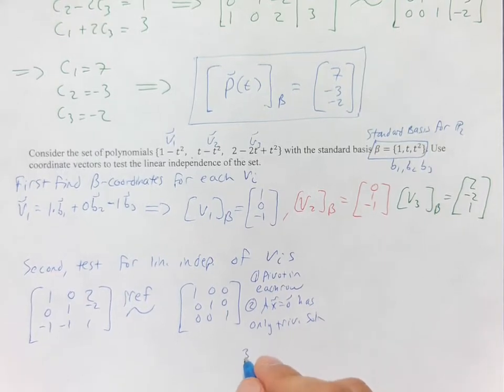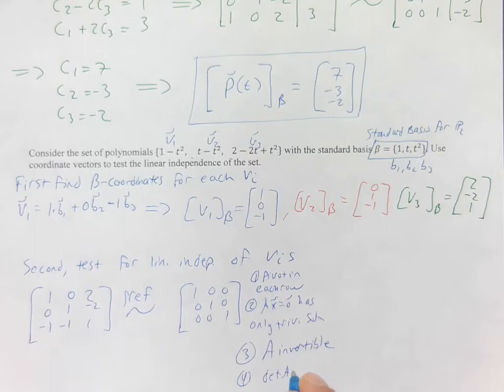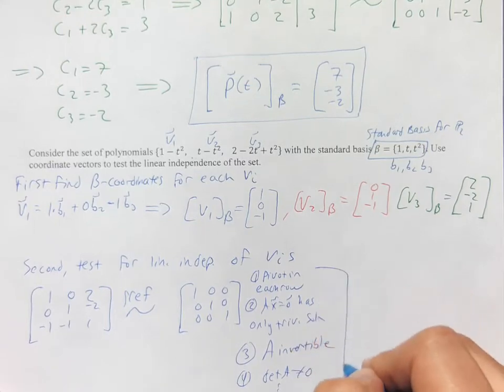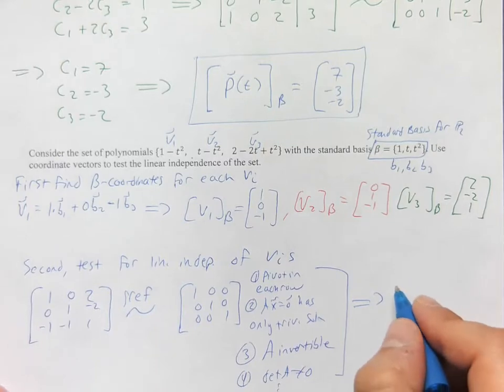Since the matrix reduced to the identity matrix, we can see that A is invertible. Based on all these things, we know that the determinant is not 0, etc. So we know lots of things when we see that a matrix reduces to the identity matrix. And based on all those things, the IMT tells us the vectors are linearly independent.